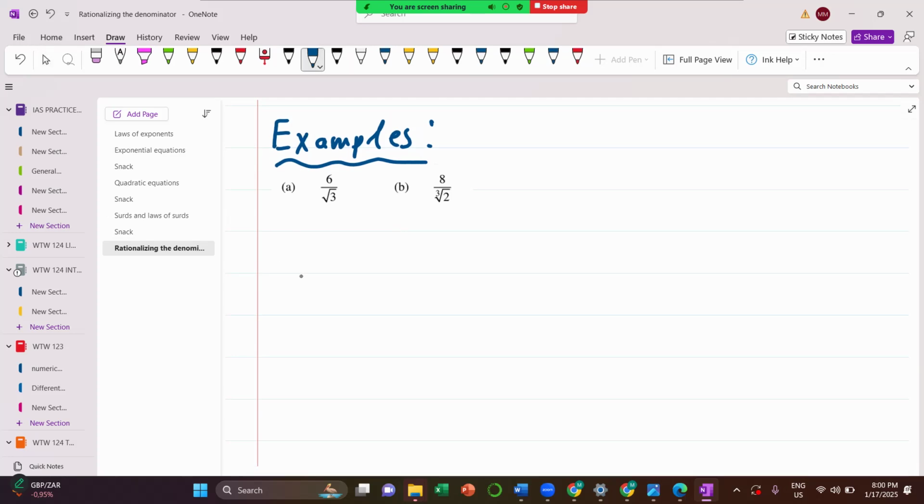For A, we are given 6 over square root of 3. So we know that this is just going to be equal to 6 over square root of 3 multiplied by what, guys? What am I multiplying by?